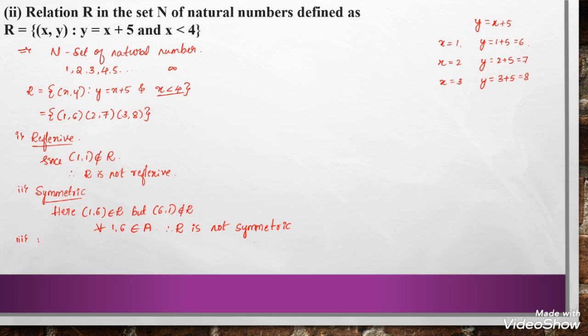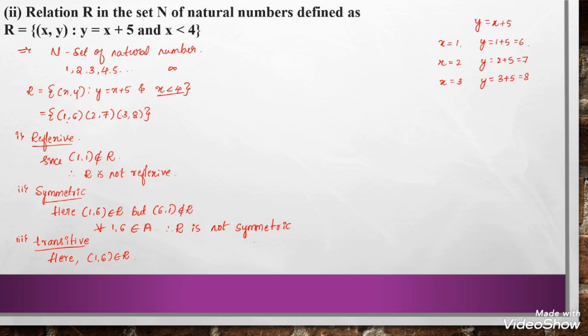Third condition, transitivity. Here, consider (1, 6) belongs to R. There is one special case here.